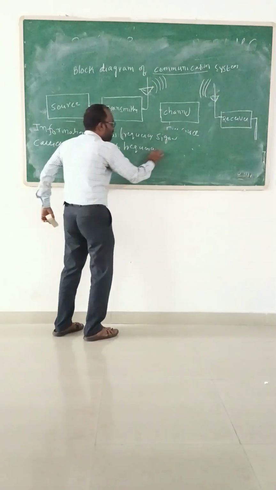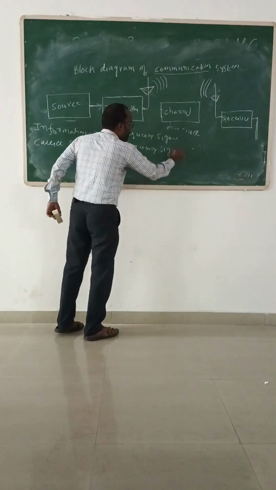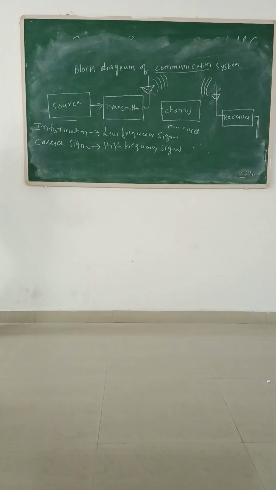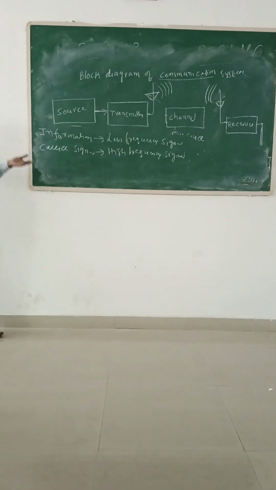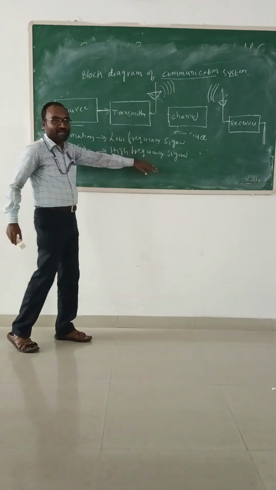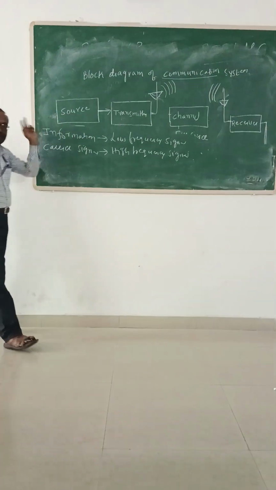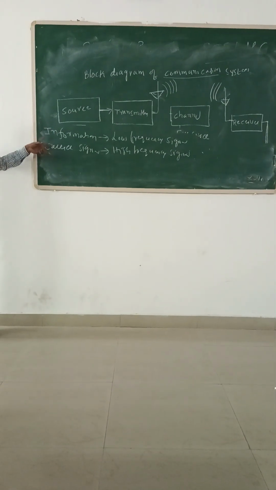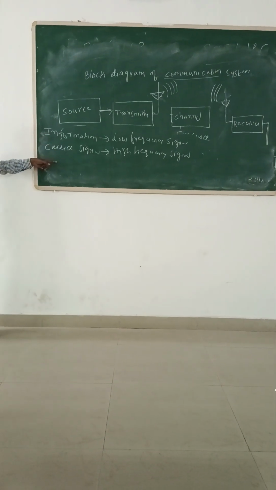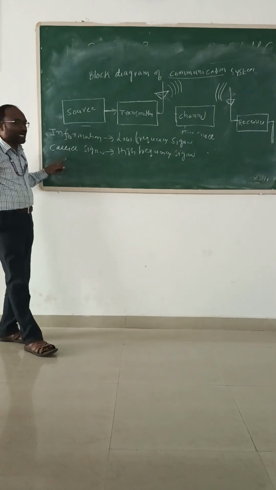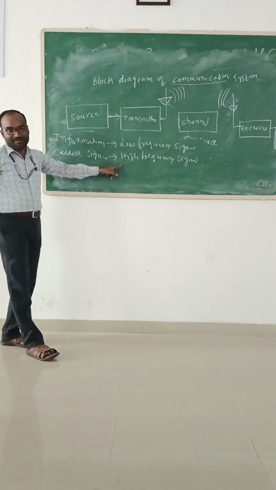These are the requirements of modulation. Even though modulation converts a low frequency signal into a high frequency signal, from that definition we require these two signals: the information signal, which is a low frequency signal, and the carrier signal, which is a high frequency signal.